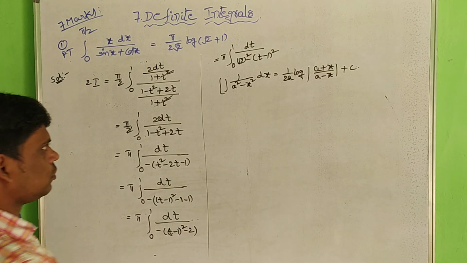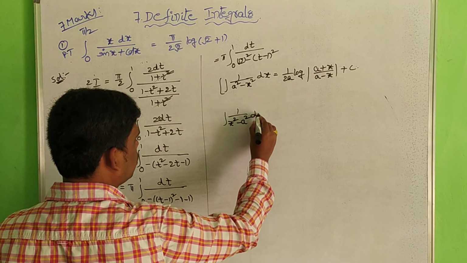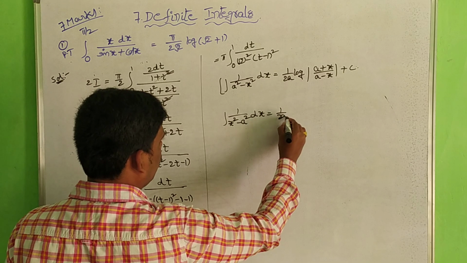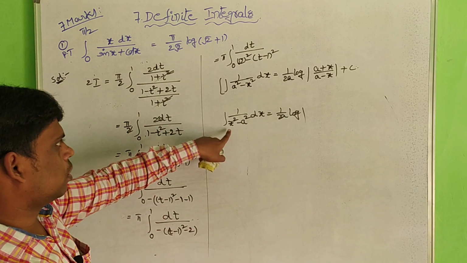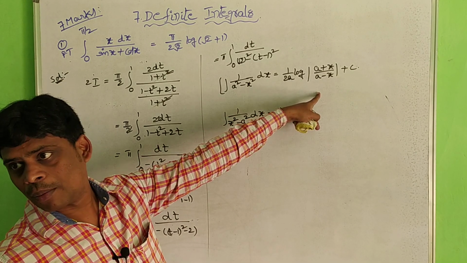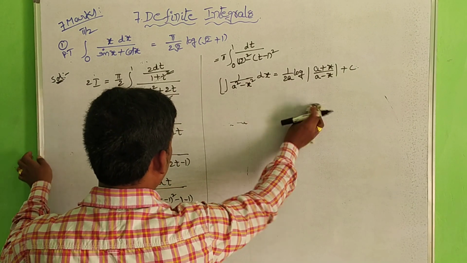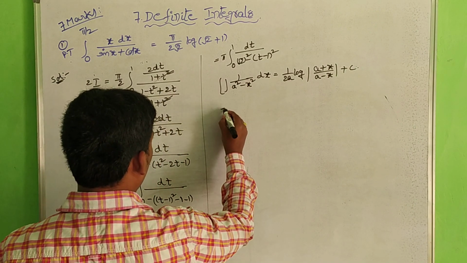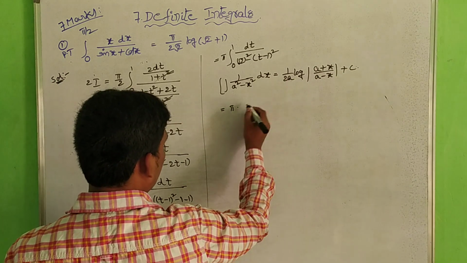And integral 1 by x square minus a square dx equals 1 by 2a log modulus of x minus a by x plus a. The difference of these two formulas, that equals pi into the value.